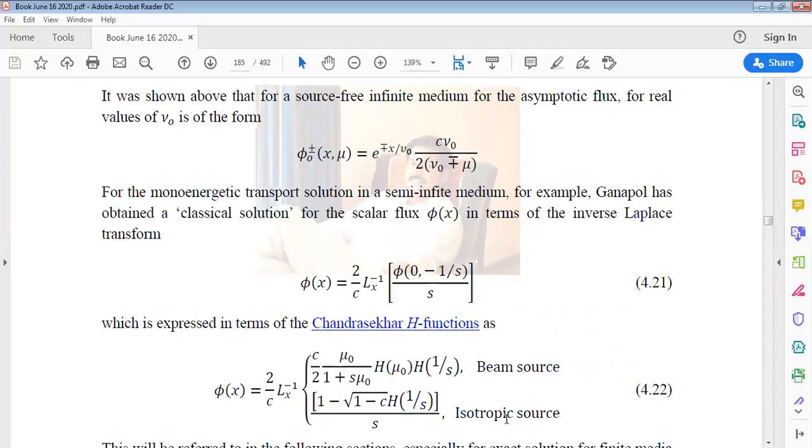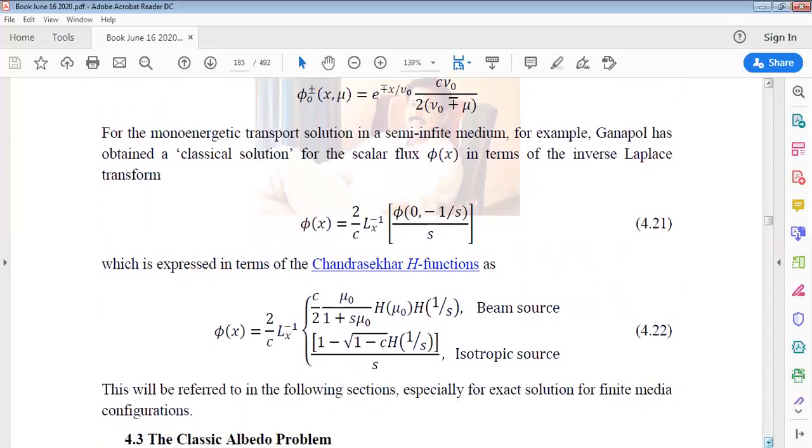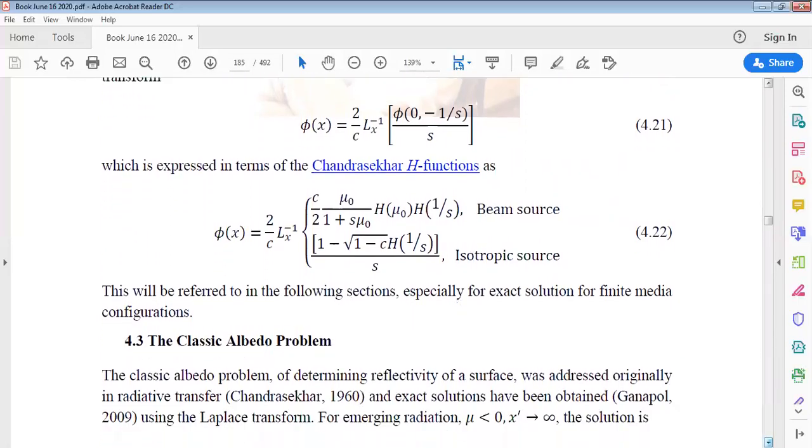An isotropic source is a candle, and a beam source is a torch. So if your source looks like a torch of neutrons, then this is the solution. Now the H functions are Chandrasekhar's H functions. So this is the solution where the Laplace transform of phi, phi 0 minus 1 over s, gives you this solution over here.